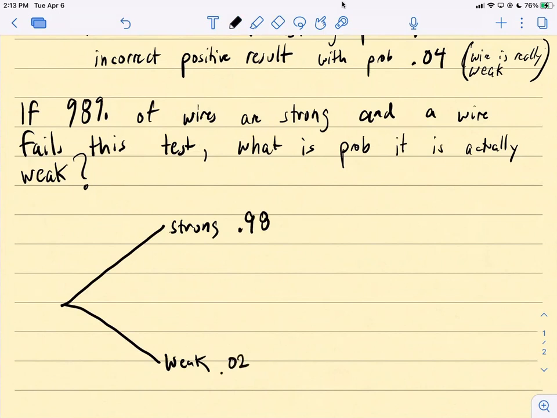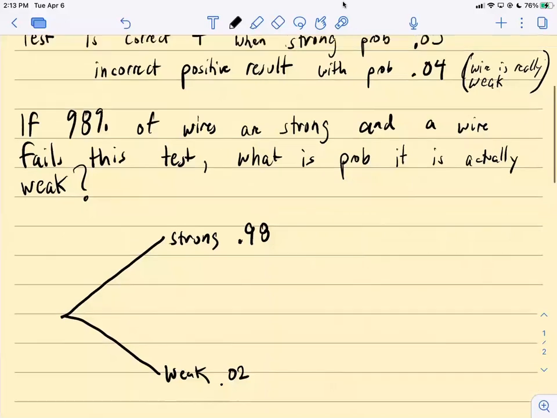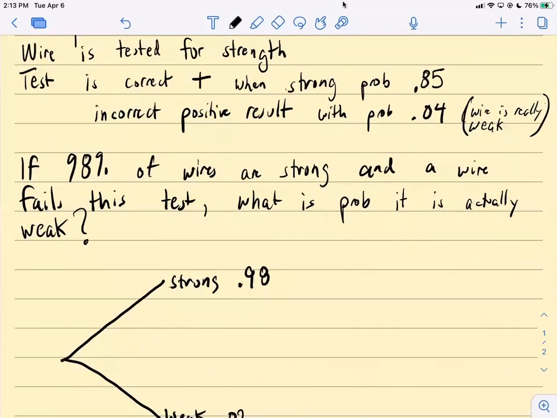So the true states that we're looking for are always the first branches. Now is the test. If you're strong, what was the probability that it will give you a positive result? That's 0.85 positive. And it will give you a negative with the remaining percent, 0.15.